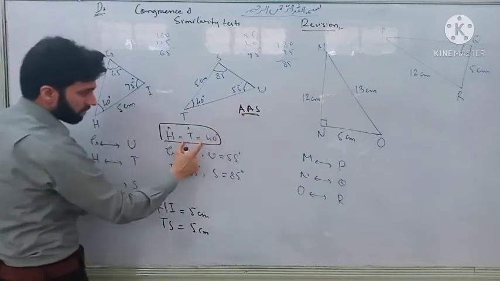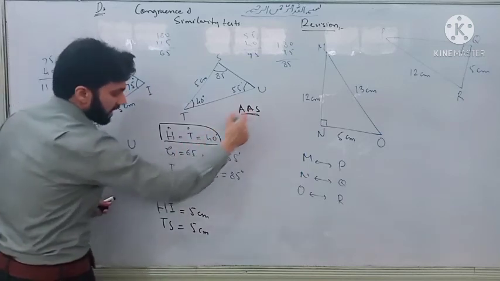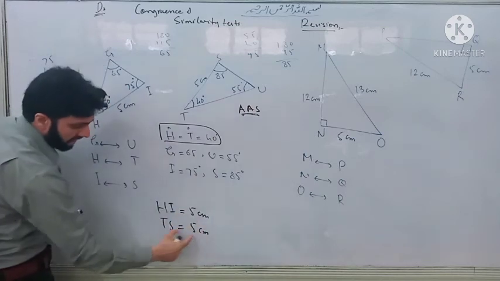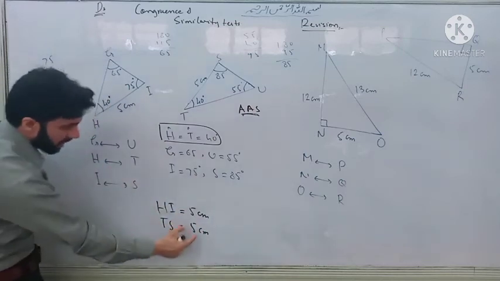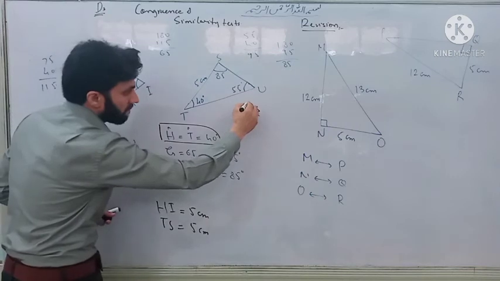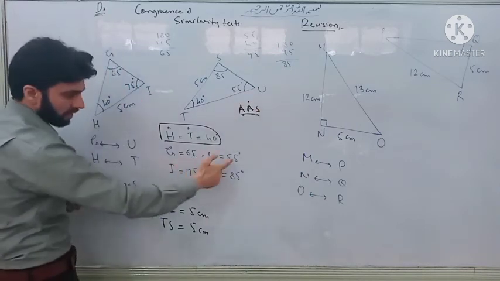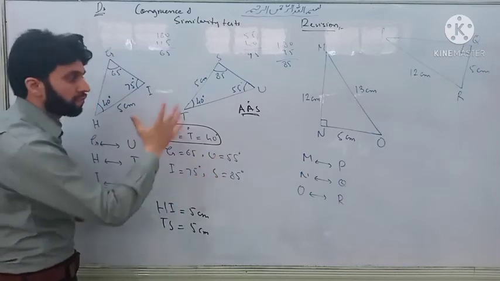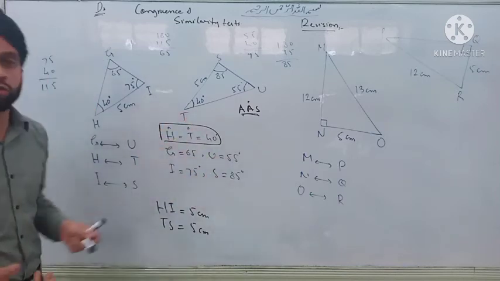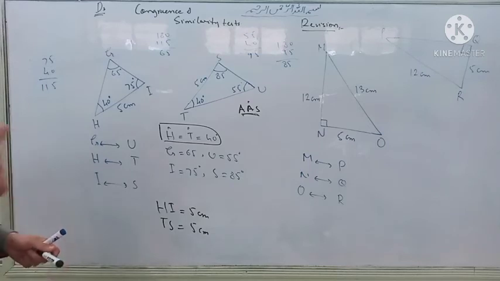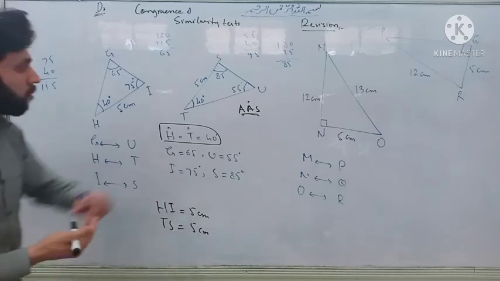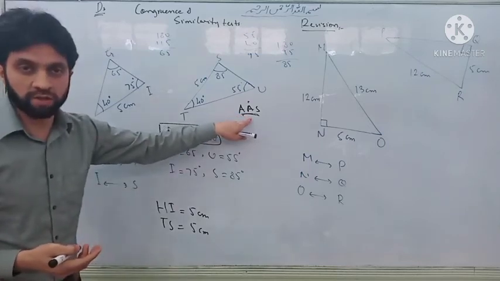One angle is the same, a side is also the same. HI and TS are the same, but we missed one angle. One angle is not the same because you can see the different angles. So this pair of triangles is not congruent because it is not fulfilling the whole congruence test, right?